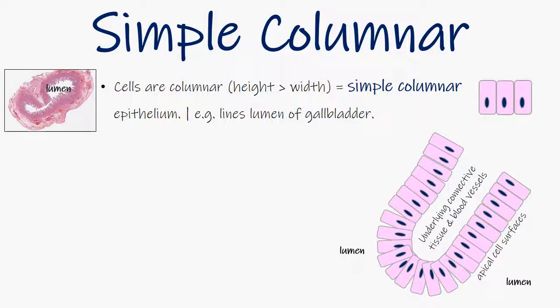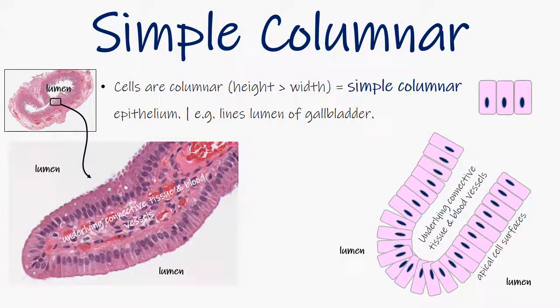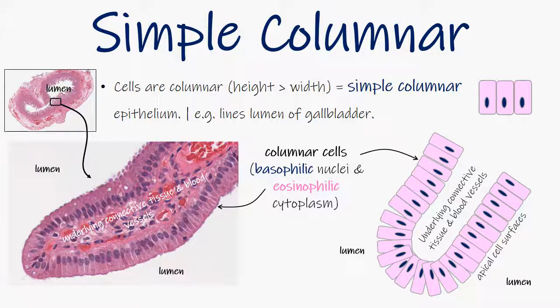The lumen of the entire gallbladder is in the center, and there are projections of epithelial structures, like the one shown in the schematic, into the lumen of the organ. If we magnify one of these projections, then you can compare it to the schematic, and you can clearly see the basophilic nuclei and eosinophilic cytoplasm of the columnar cells projecting into a lumen.